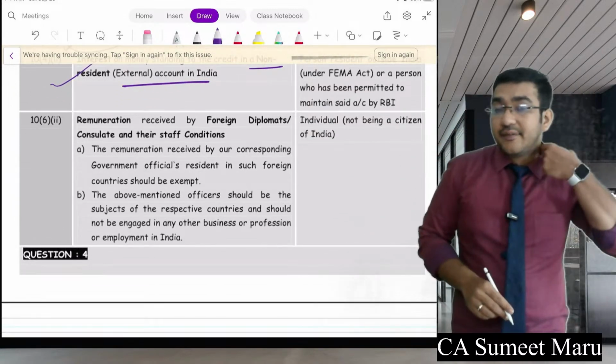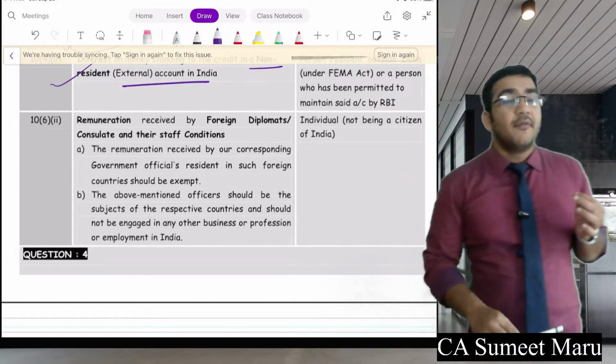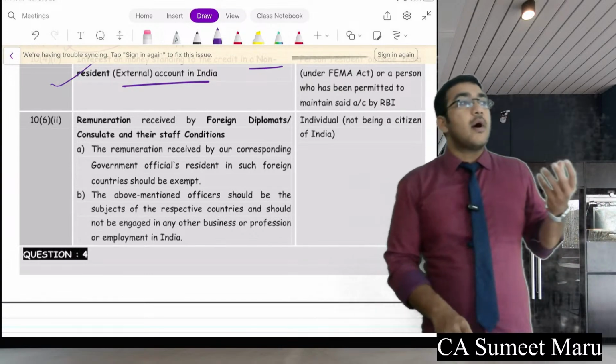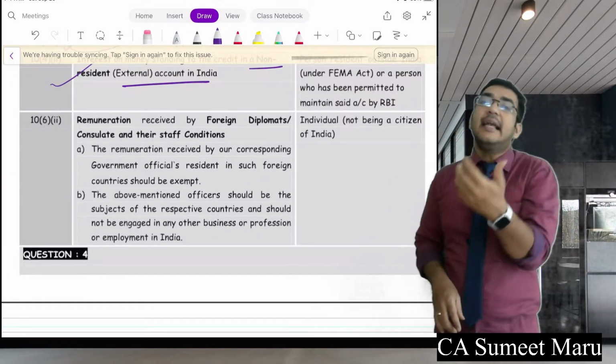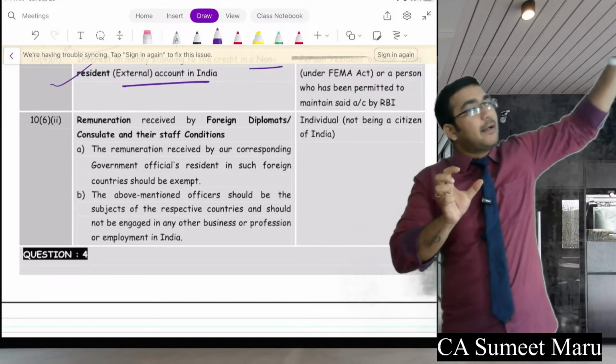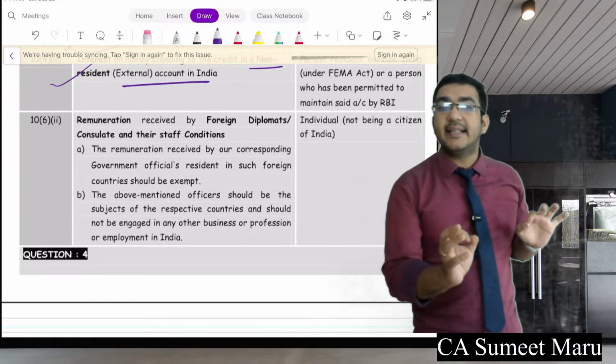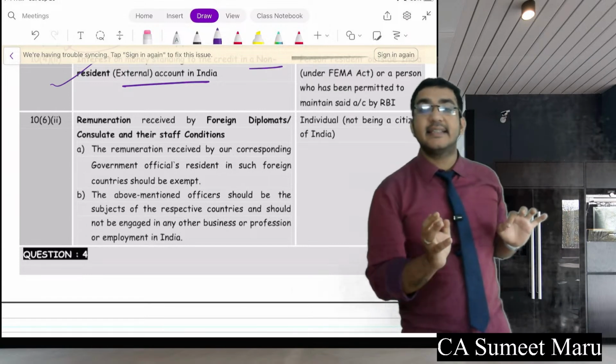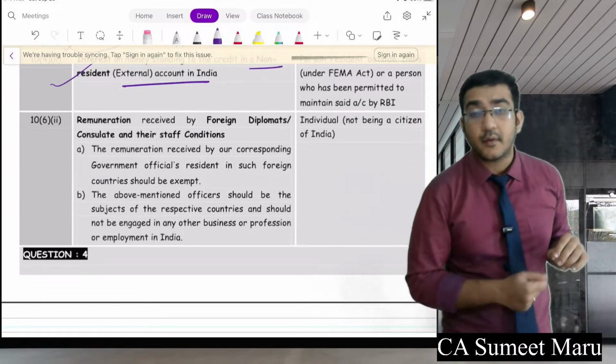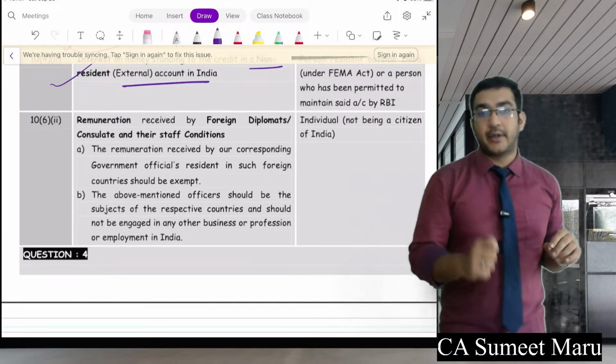Further, now see, if you remember, yesterday we learned the condition that whenever services are rendered in India, even though salary is paid outside India, it is deemed to accrue in India.